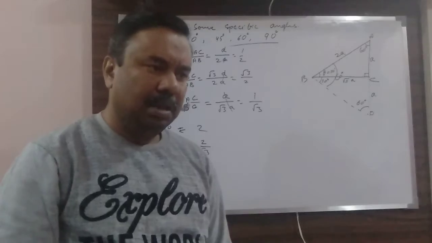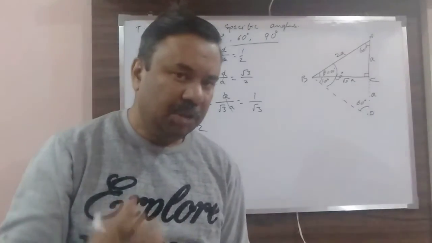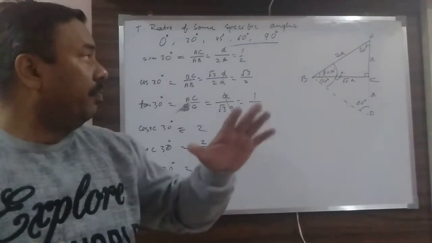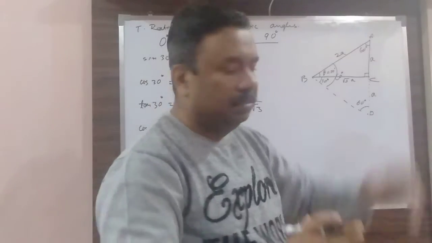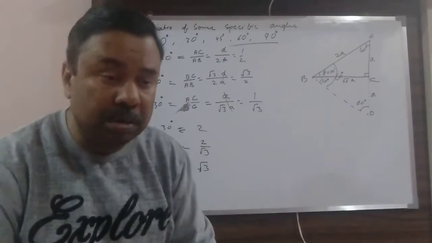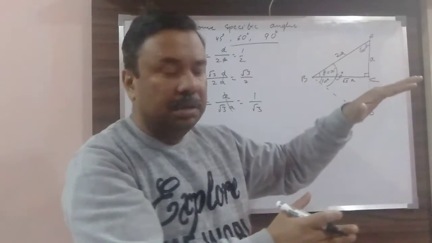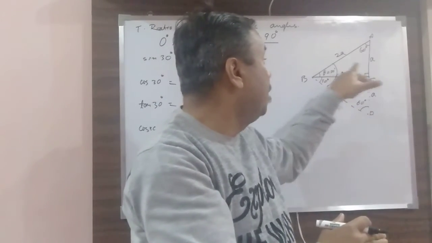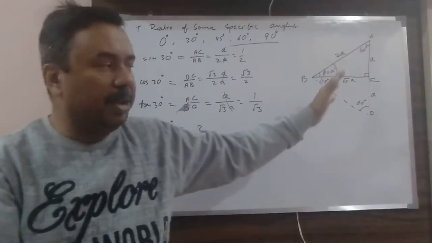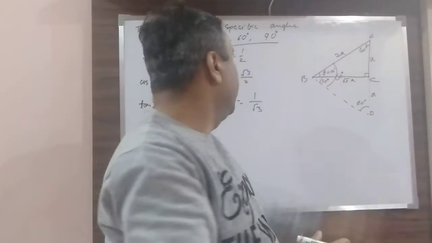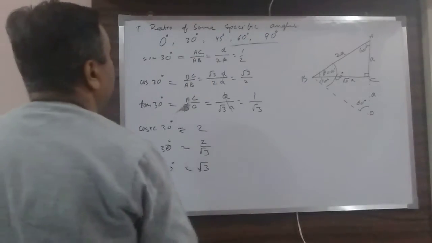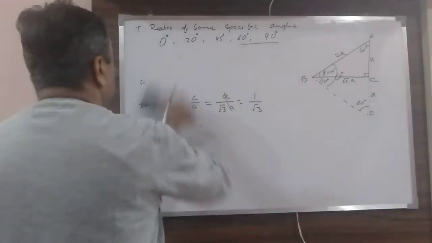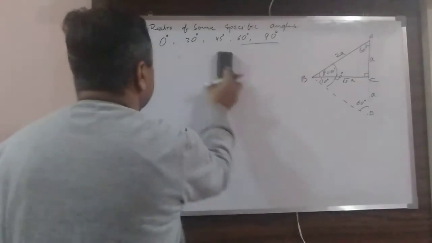Similarly, I can find out what will be the ratio for 60 degree. As I told, if it is reversed and if it is taken as base and this is the opposite side, the same operation we have to do, and we can get all the relations for 60 degree angle also by using the same.